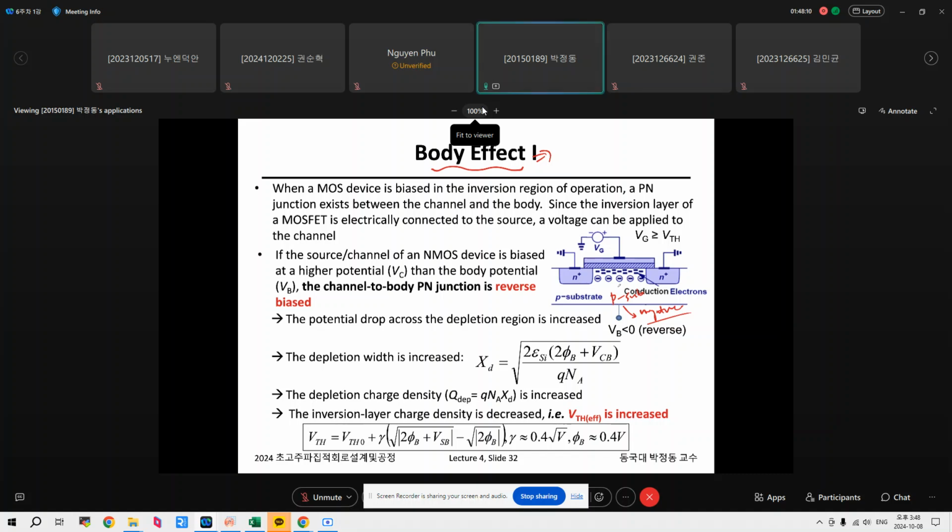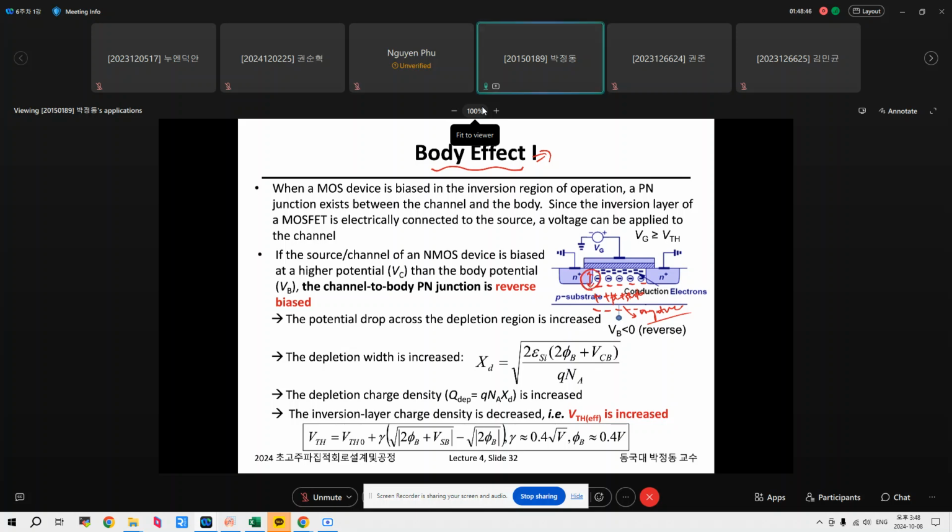If it is biased in reverse mode, this negative will induce holes to here. Therefore, the fixed charge is increased, which means the depletion is increased.